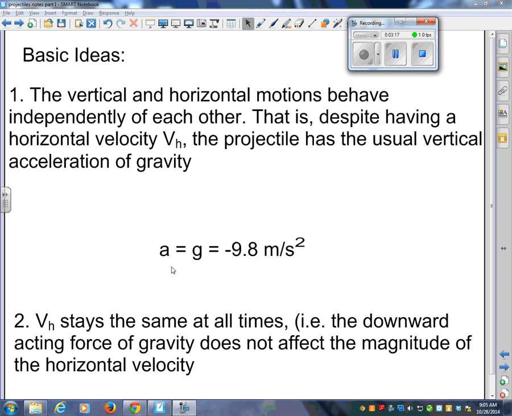Does that make sense? That is, of course, neglecting air resistance, right? If there is air resistance, then there's going to be a problem.